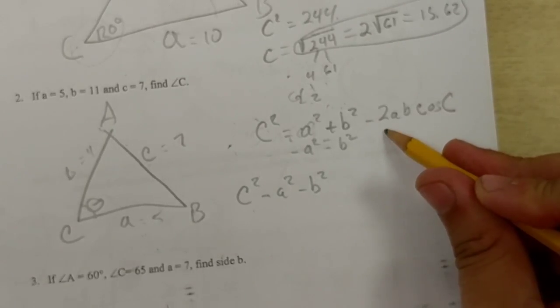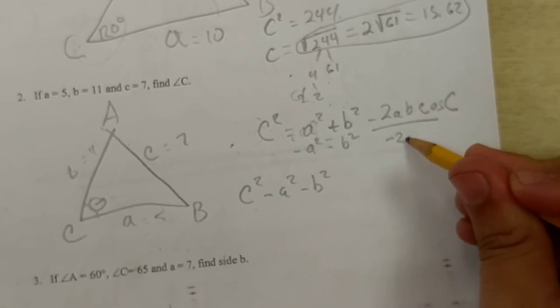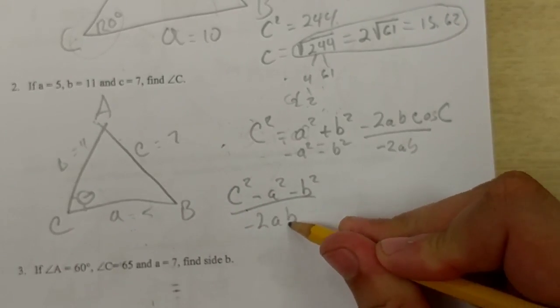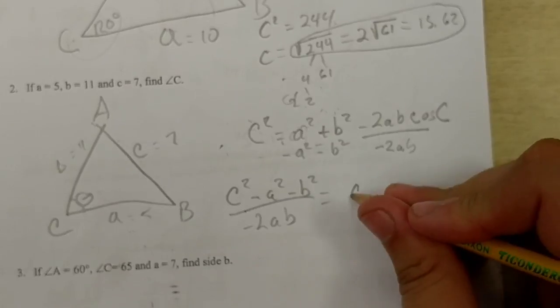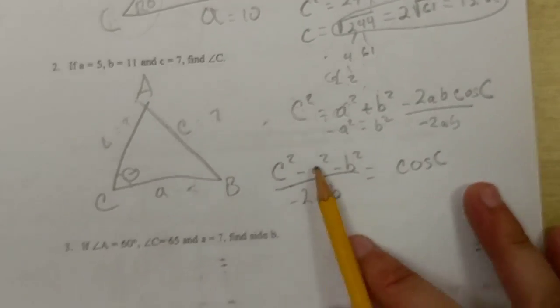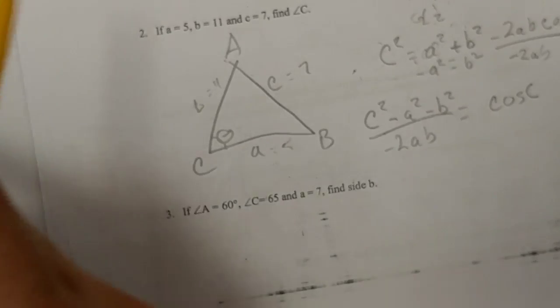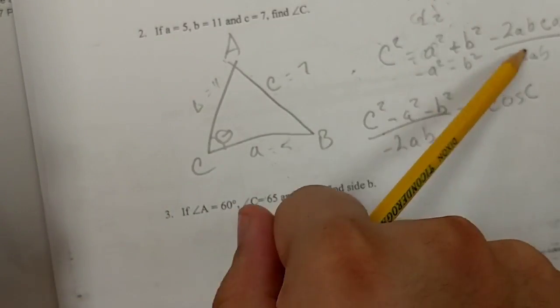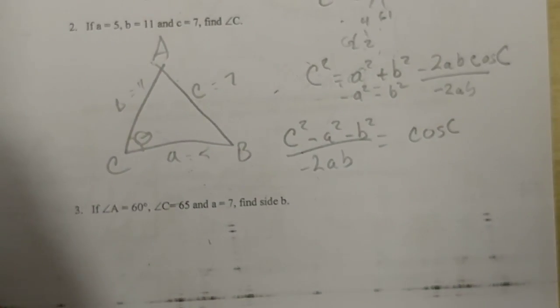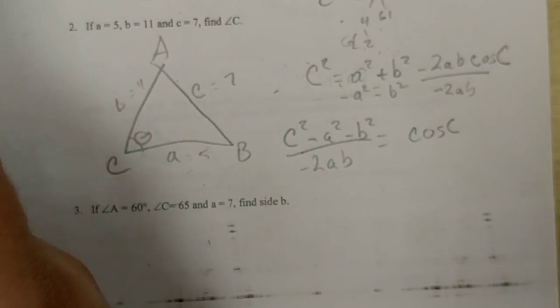Then I'm going to divide by negative 2AB on both sides. Negative 2AB. I'm going to set that equal to cosine C. So I'm going to find this first separately. Now I don't remember which way I taught it, so I might have just told you to plug it in and solve it with numbers. But if you do it like that, or you do it algebraically first, that's fine.